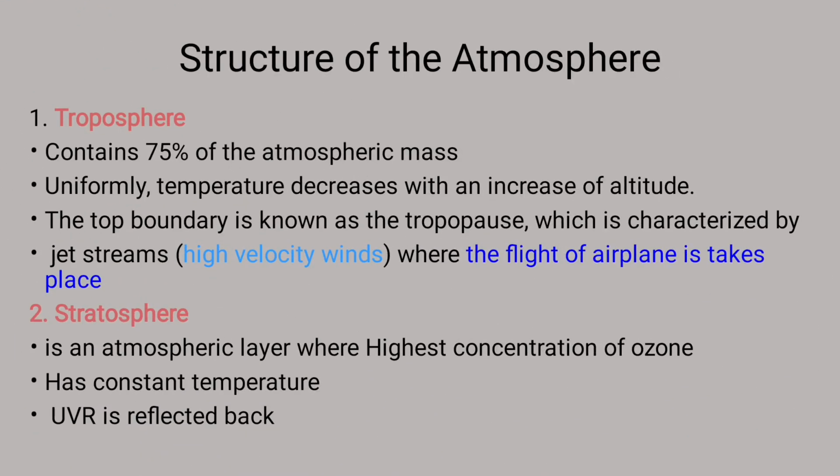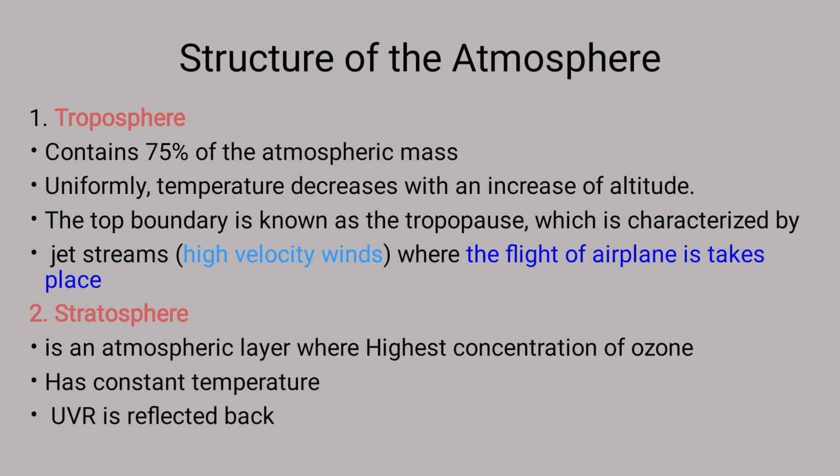What are the characteristics or features of the troposphere? The troposphere contains about 75% of the atmospheric air mass. It is known for the uniform decrease of temperature with an increase of altitude. So, temperature decreases uniformly with an increase of altitude in the troposphere.